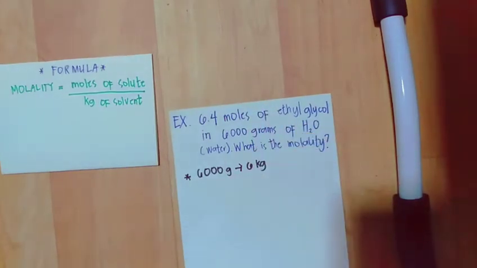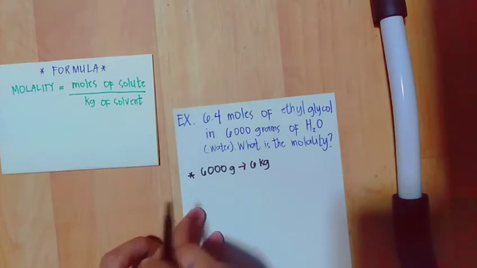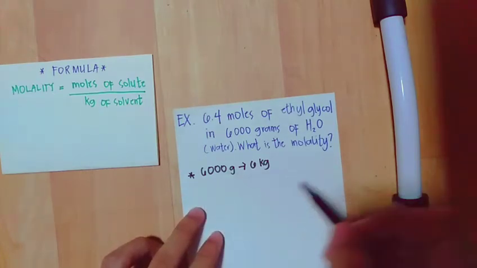So 6,000 grams of H2O is equal to 6 kilogram of H2O or water. This is the equivalent of 6,000 grams, 6 kilogram.